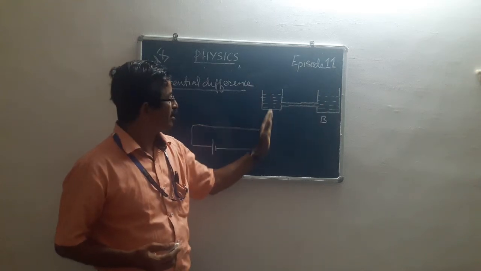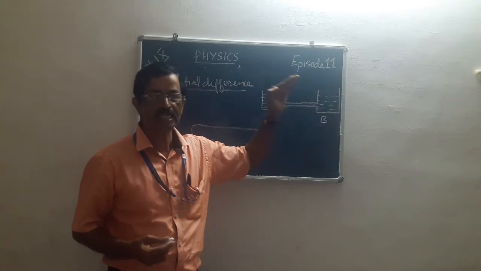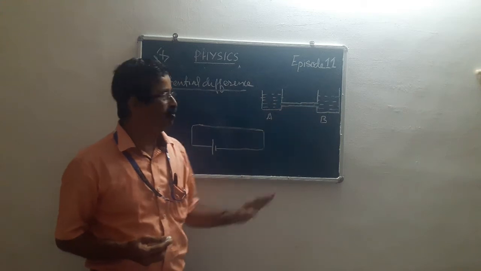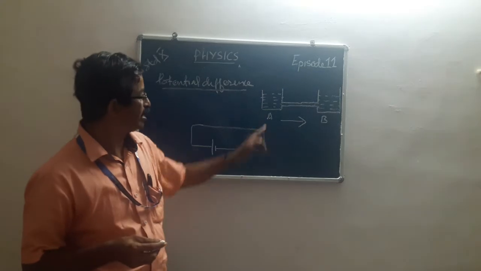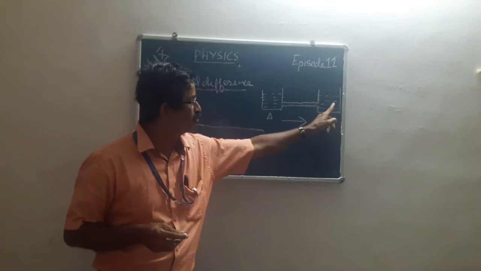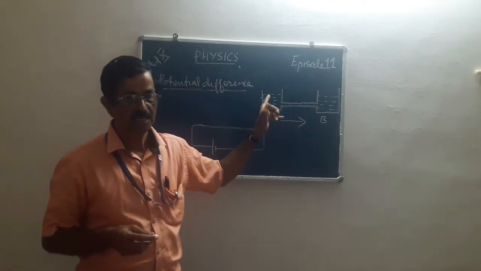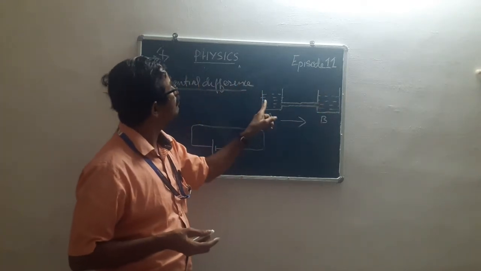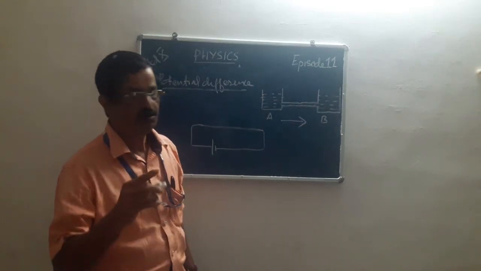No, because here the water level in these two beakers remains the same. Now, we want to flow water from A to B without changing the volume of water in these two. That means whatever the volume of liquid in A, that must be the volume of liquid, and the level remains the same. But without changing the volume of these two, we want to flow water from A to B. How is it possible? How?